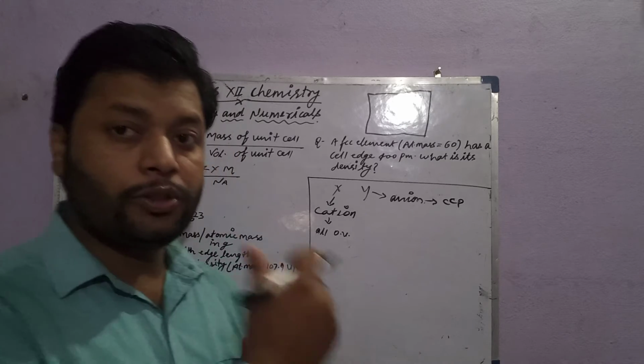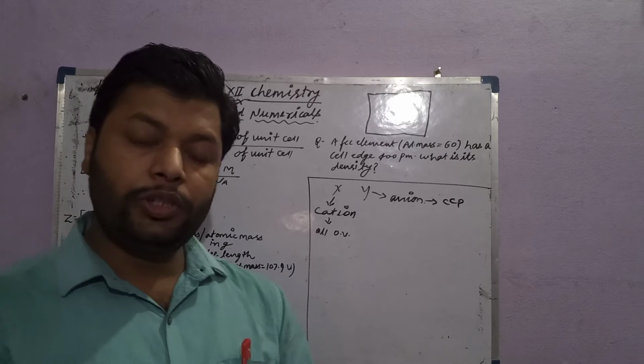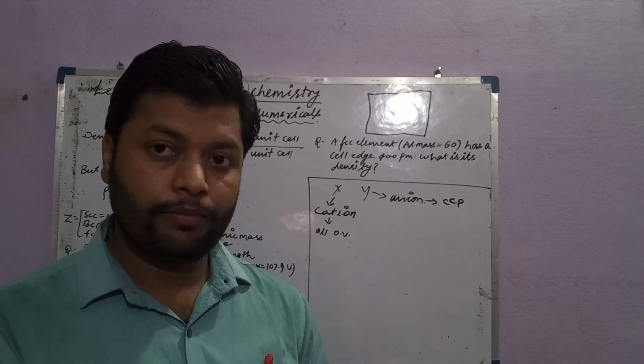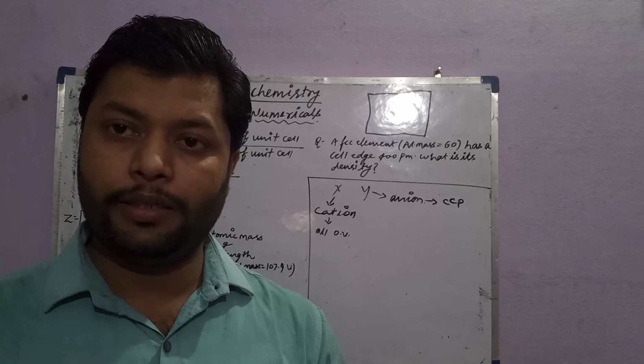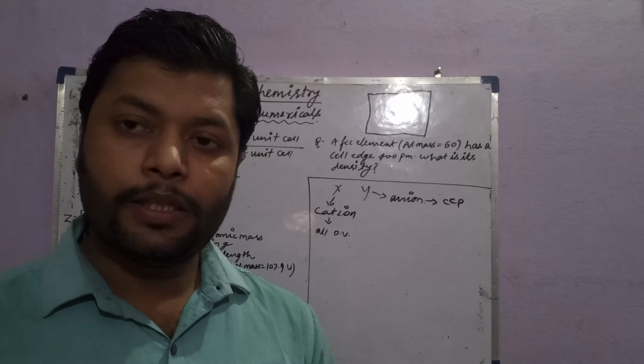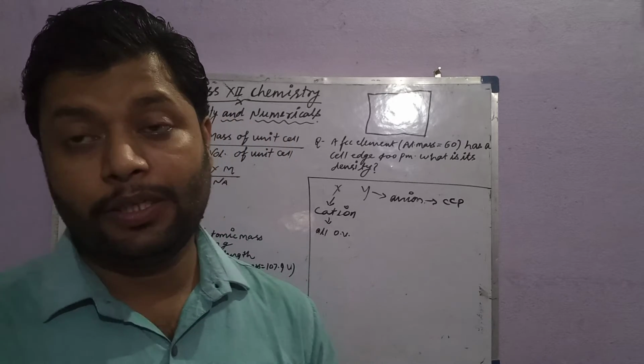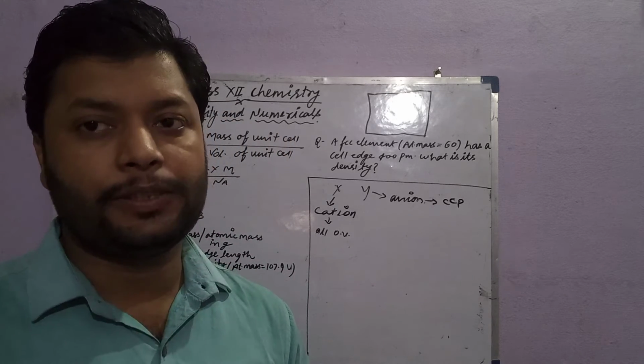Class, before discussing this question, first you have to learn one thing. In any unit cell, generally the lattice sites are occupied by the anions because they are larger in size.